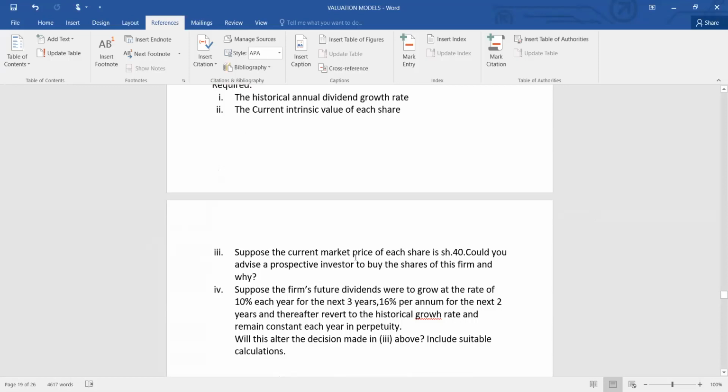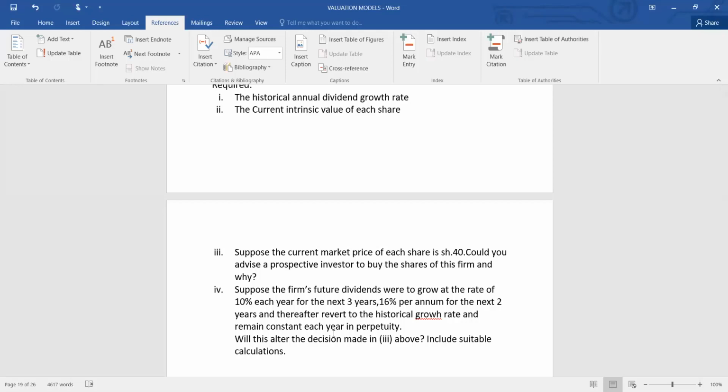We worked out the current intrinsic value using historical data. Now, in part 4, we are again expected to work out the current intrinsic value, but using future data. So I think that should be very clear now.